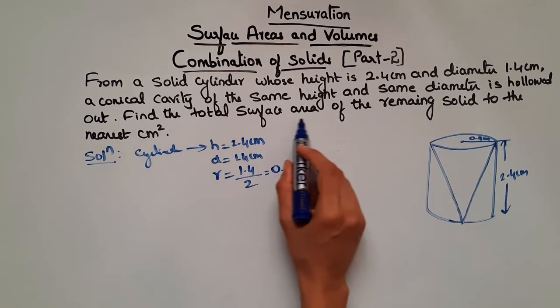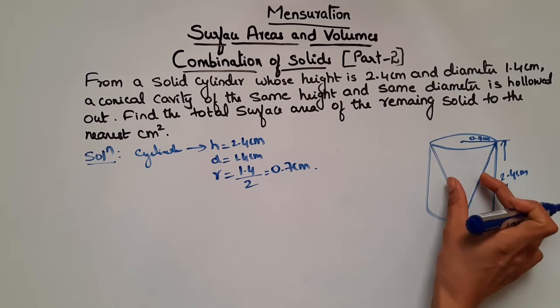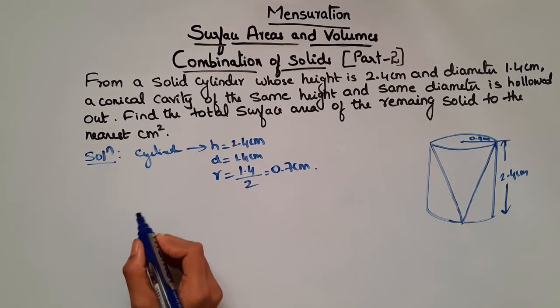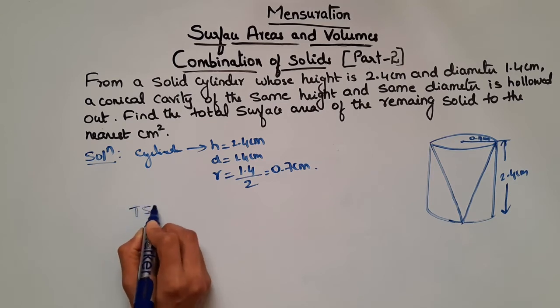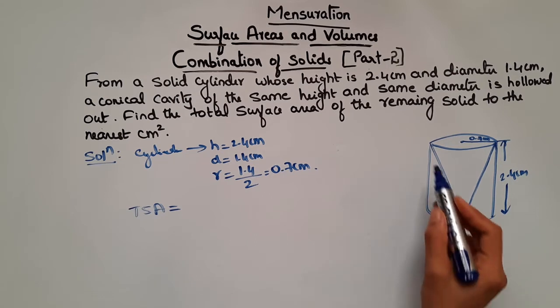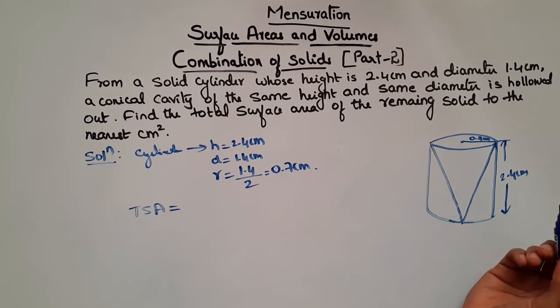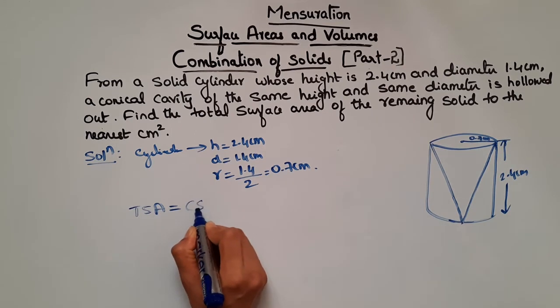Find the total surface area of the remaining solid. So we have to find the total surface area after removing this part. So we know total surface area is nothing but all the surfaces that you can see. So if you see this, here the cylindrical part, that is a curved surface area you can see, right? So that is the curved surface area of the cylinder.